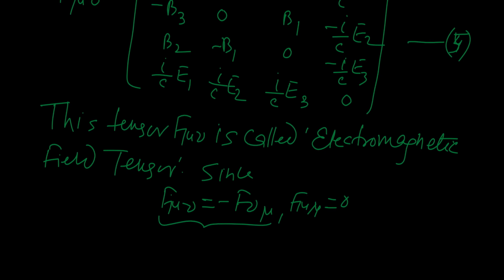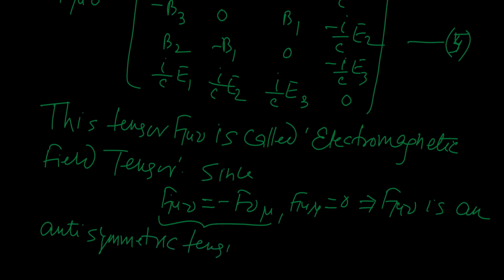So this implies F mu nu is an antisymmetric tensor of rank 2.